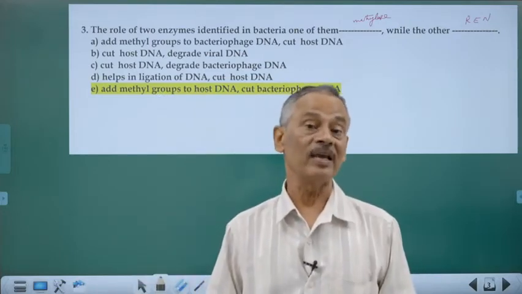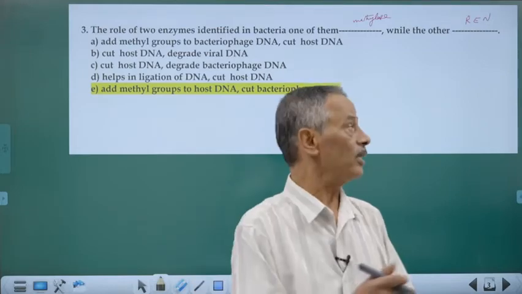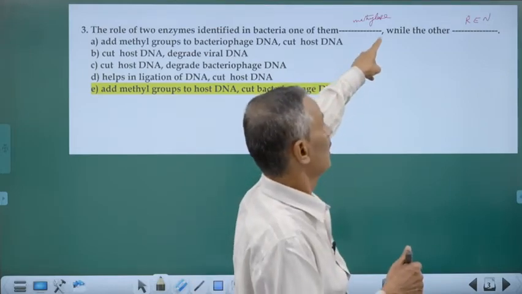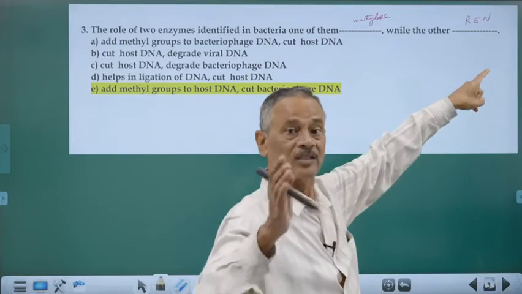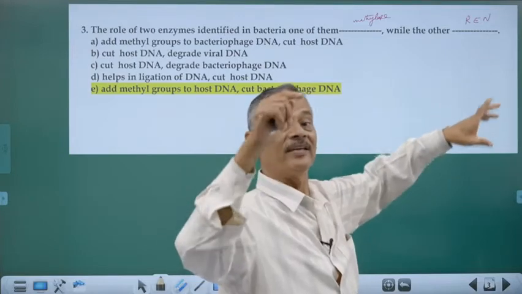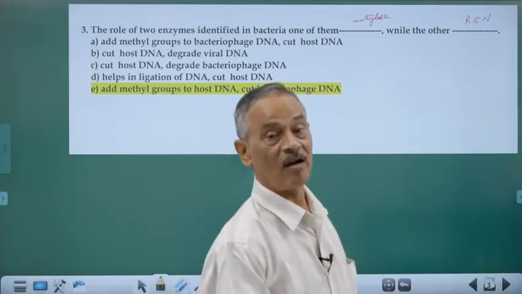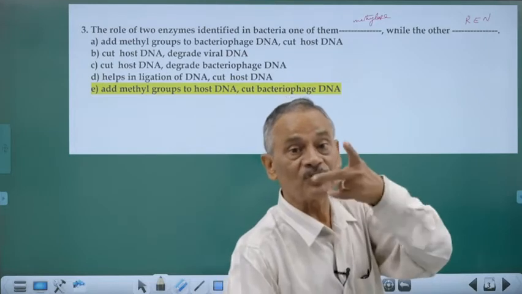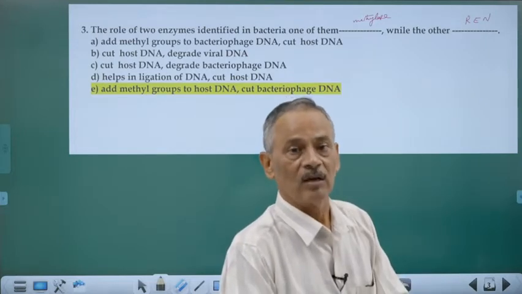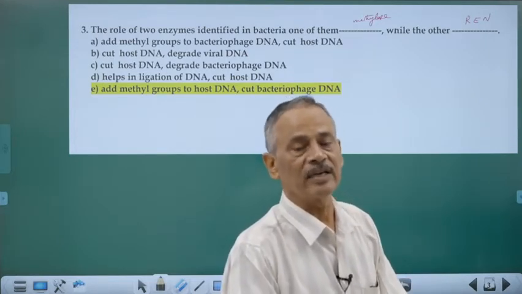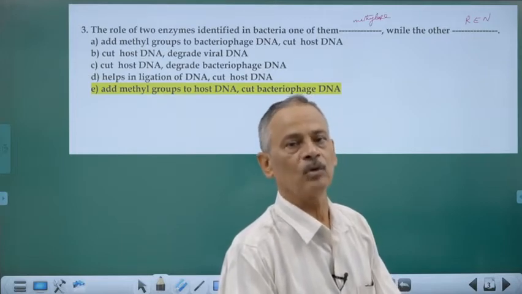That's called methylating. They go on adding methyl groups. While the other one is cutting unmethylated DNA. That's called restriction. These two enzymes are forming a complex called the methylating restricting enzyme complex.